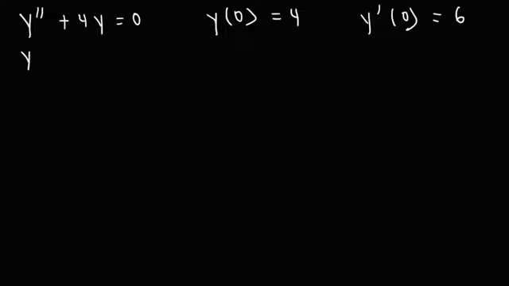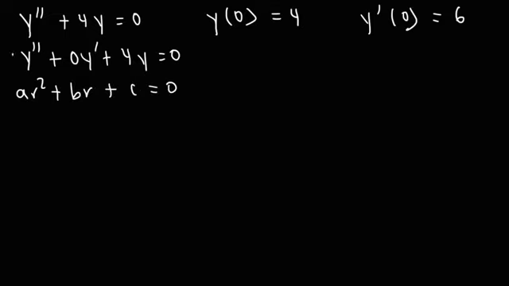So I'm going to rewrite the differential equation like this. y'' + 0y' + 4y = 0. So we can see that a is equal to 1, b is 0, and c is 4. So we have r squared plus 4 is equal to 0.